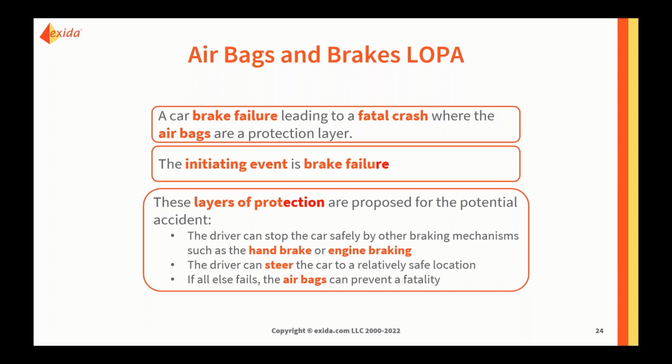So let's look at a scenario where we've got a car brake failure that could lead to a fatal crash, and the airbags are one of our proposed protection layers. So in this situation, the initiating event is indeed our brake failure, and we might identify some potential protection layers.